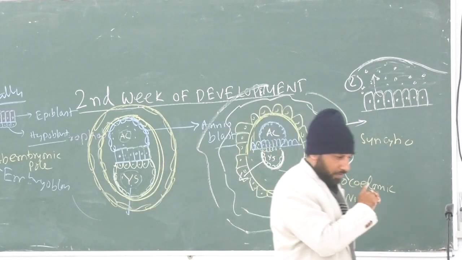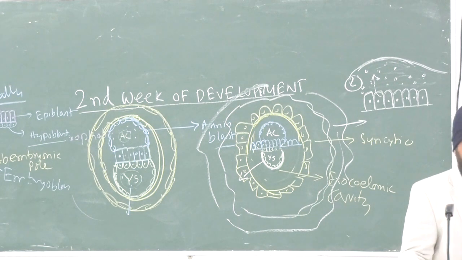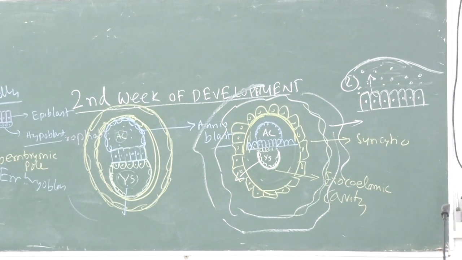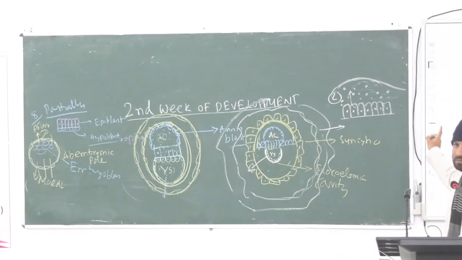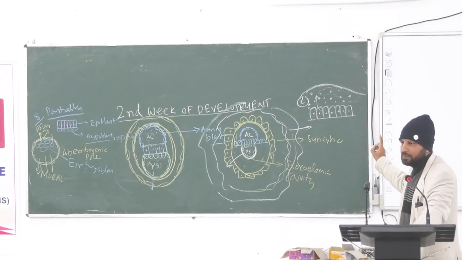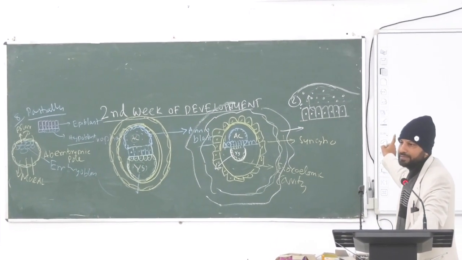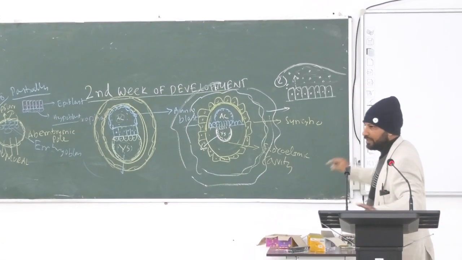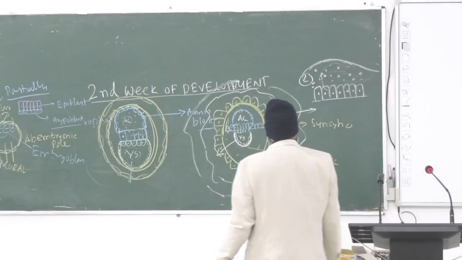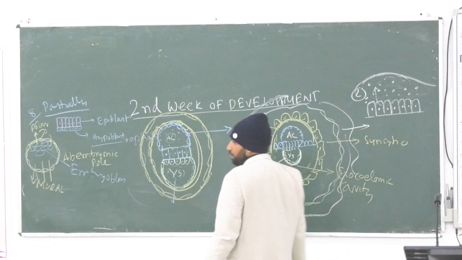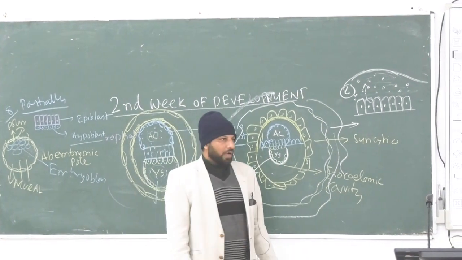if you see the pictures in your book, this is the syncytiotrophoblast. Syncytiotrophoblast is a multinucleated cell. সেলটা পুরো একটা কন্টিনিউয়াস সাইটোপ্লাজম থাকে আর প্রচুর পরিমাণে নিউক্লিয়াস থাকবে, মাল্টিনিউক্লিয়েটেড। কারণ কেন?